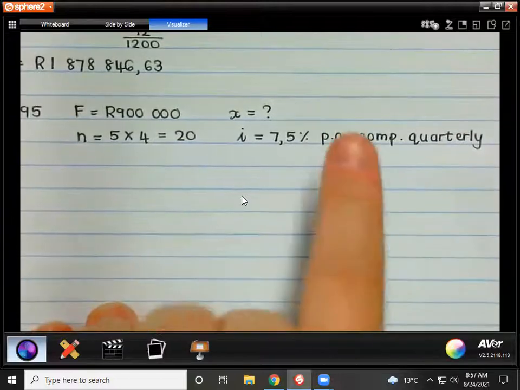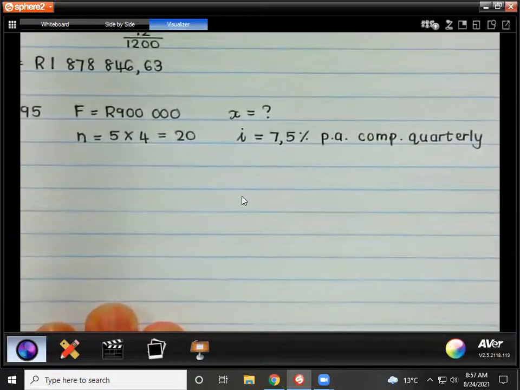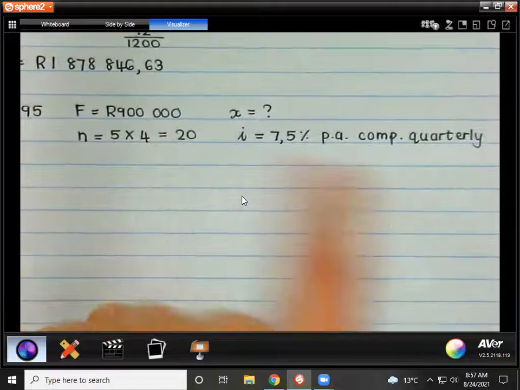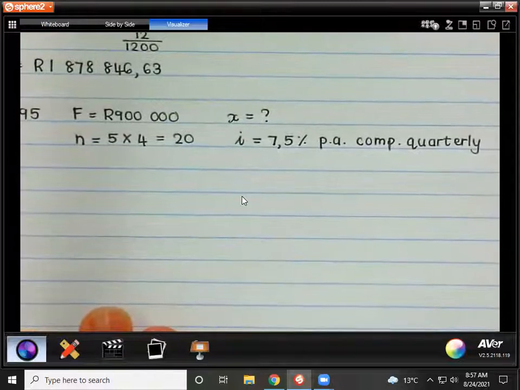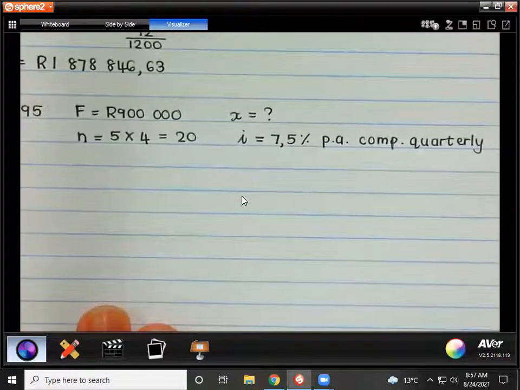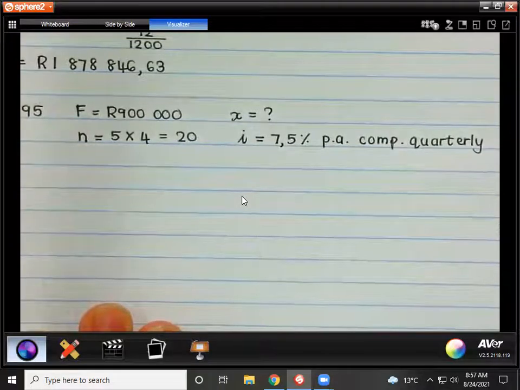All right. Now, what do you think you would have to do if they say that the payments are made quarterly, but they're giving you a monthly interest rate? Is there a way to convert a monthly interest rate into a quarterly interest rate? Not necessarily. Do you remember that we had a formula last year?